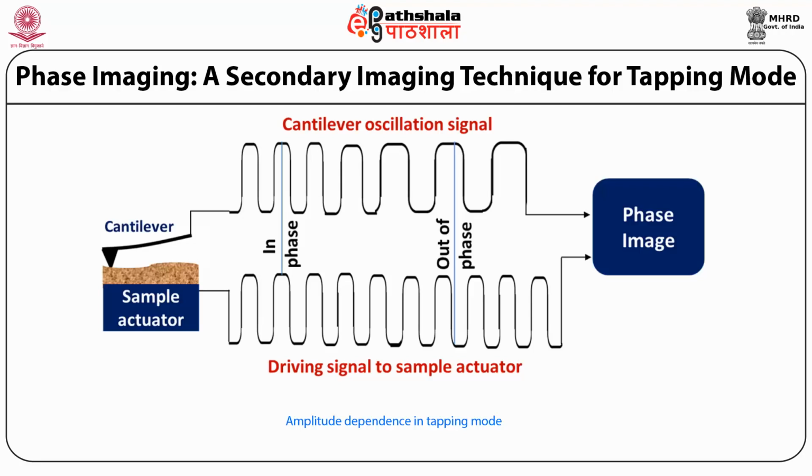The amplitude of oscillation is reduced as the probe taps the surface, and this change in amplitude helps tracking the surface topography. The probe motion can be characterized by its phase relative to a driving oscillator.